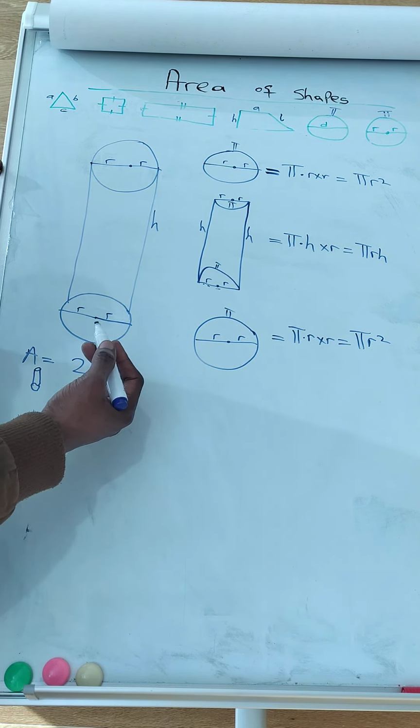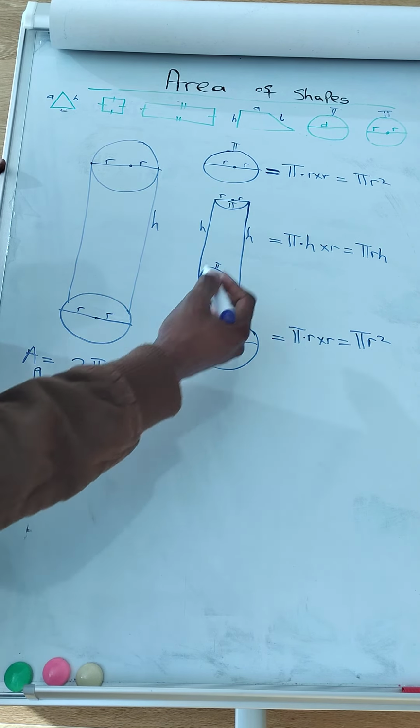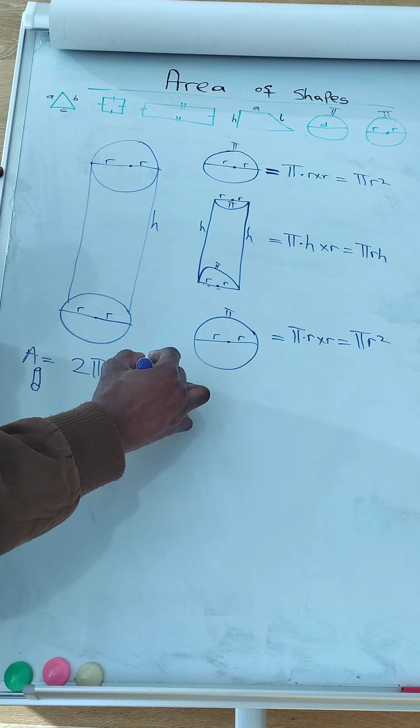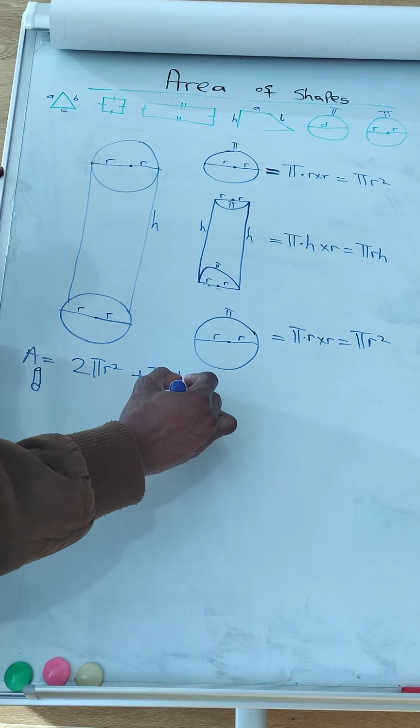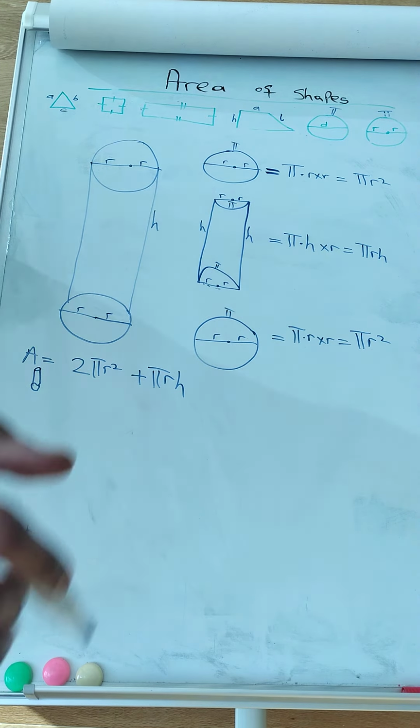So plus the area of this one, which is pi r h. So this is the formula for calculating the area of a cylinder.